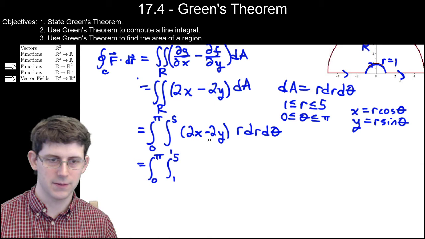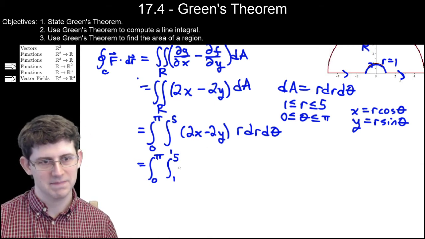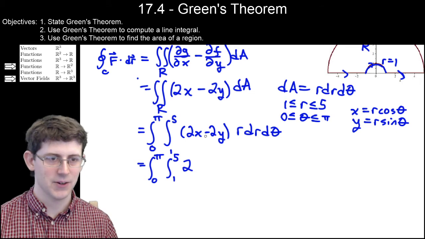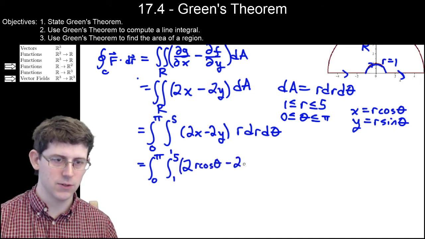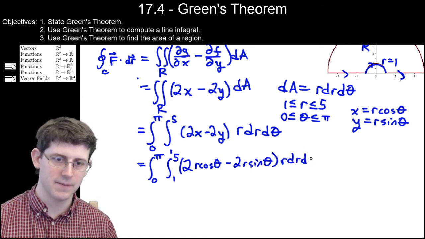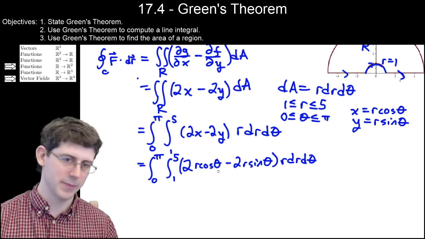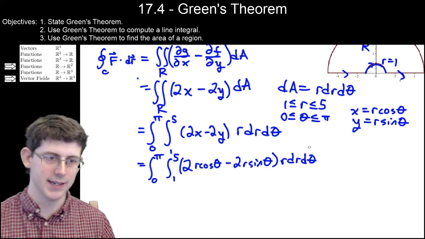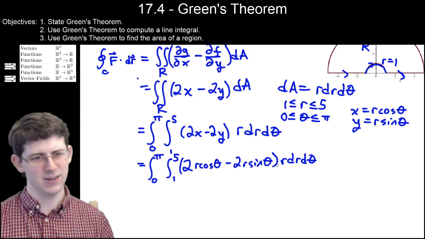This 2, do you think the 2 is going to be helpful or hurtful? I can't tell. So anyway, this is going to be 2r cosine theta minus 2r sine theta, all times r dr d theta. To do the r integral now, I don't want to do it by parts. I'll just distribute the r in. Or maybe just factor the r's out?